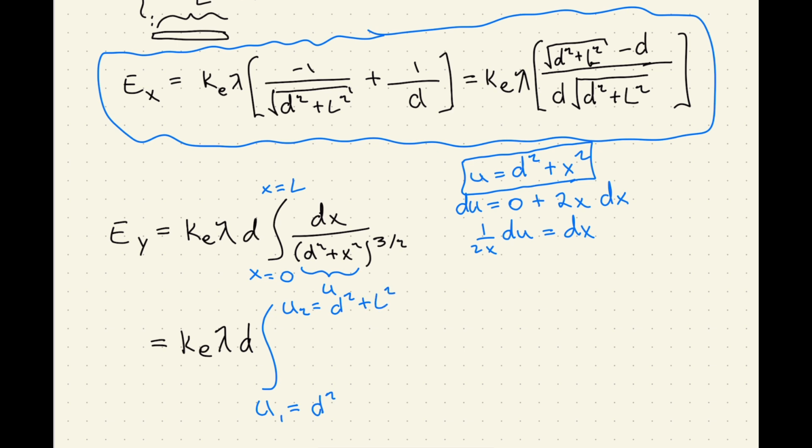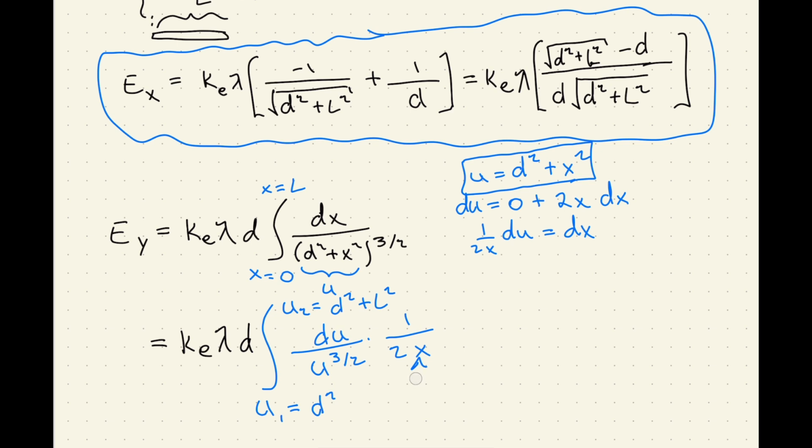Now let's replace some stuff in the integral. We said u over here in the bottom, to the 3 over 2. And dx now is equal to du, and we have this 2x in the denominator. Now this is the annoying thing, this x, because we have to get rid of the x since we're integrating with respect to u.